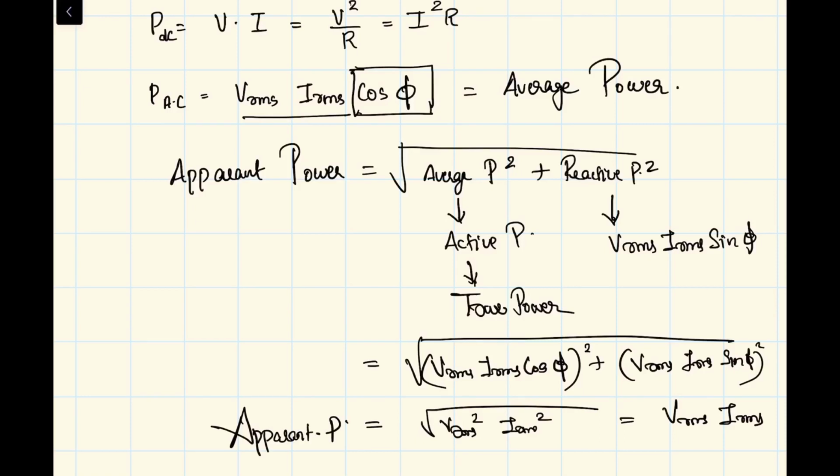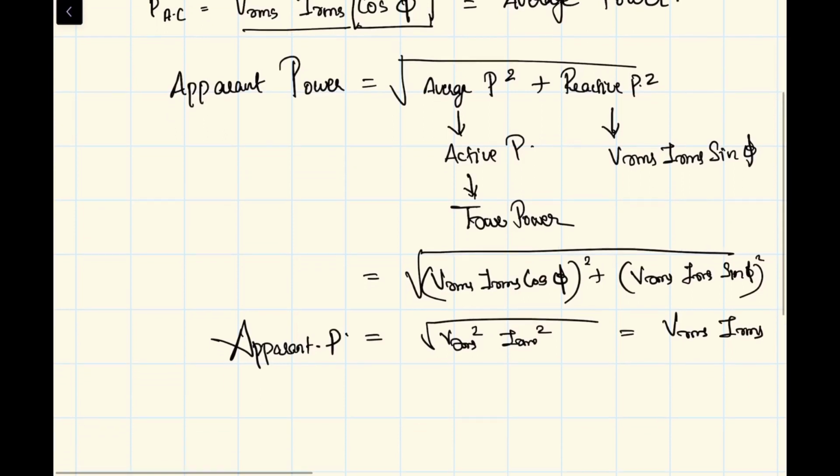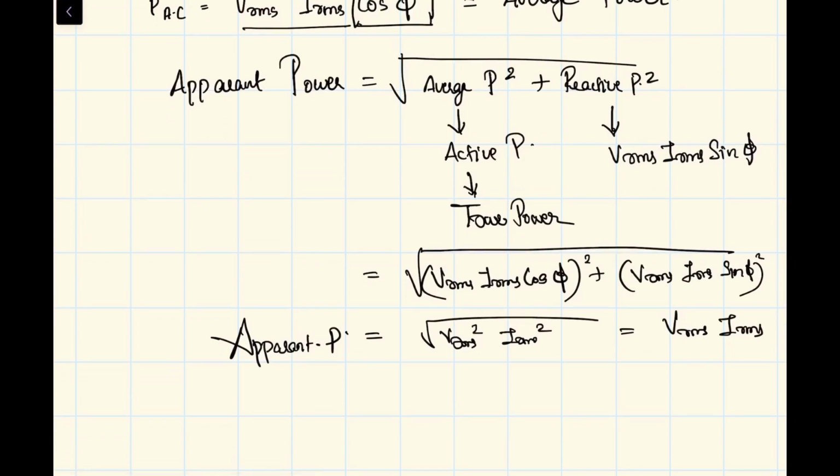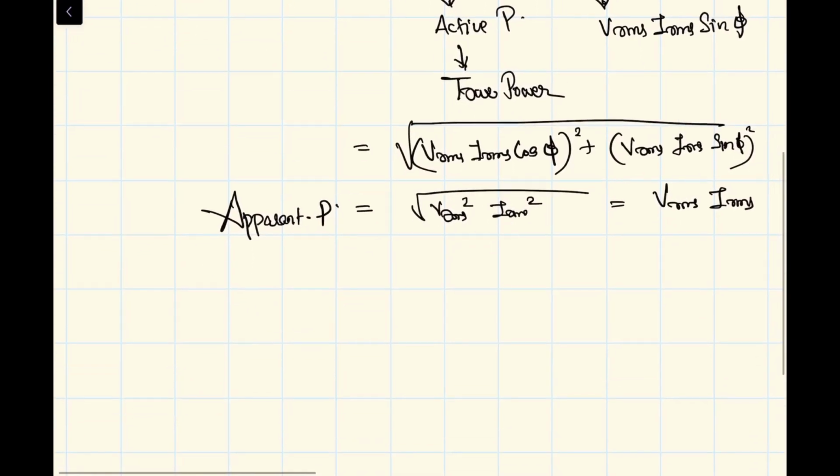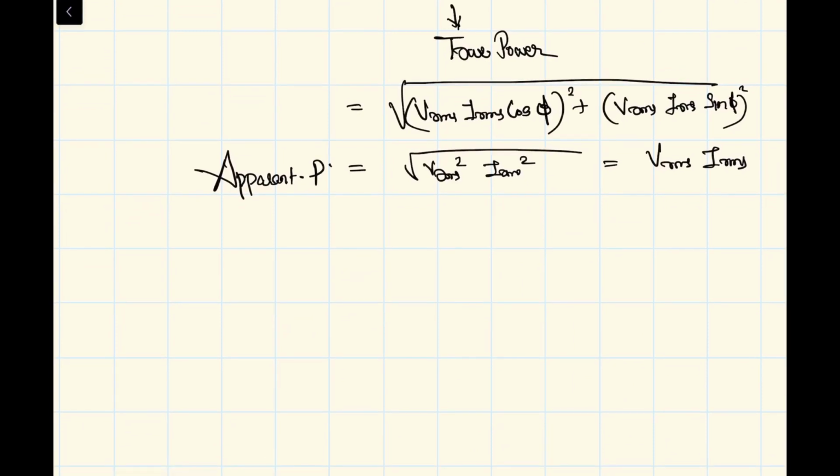Now, why do we need three powers? Why can't we stick to one single power? So that is what the logic is. Now listen, imagine we have two regions, two places. And imagine you are standing over here. Great.